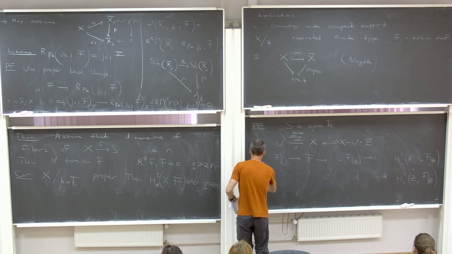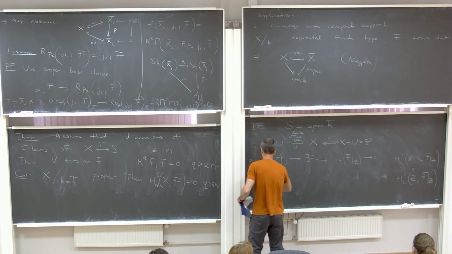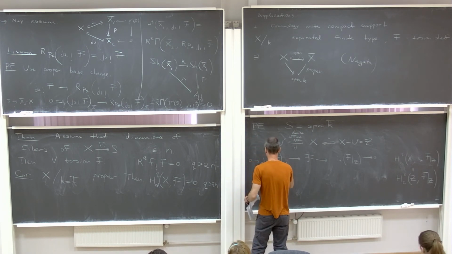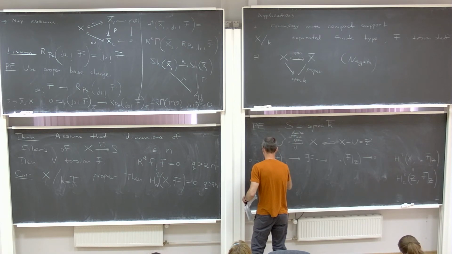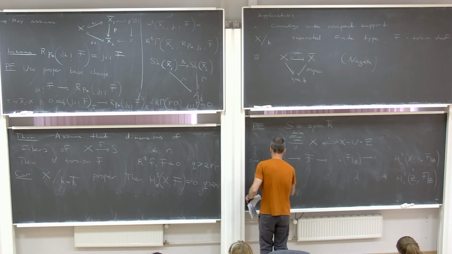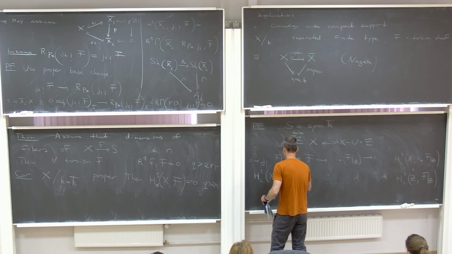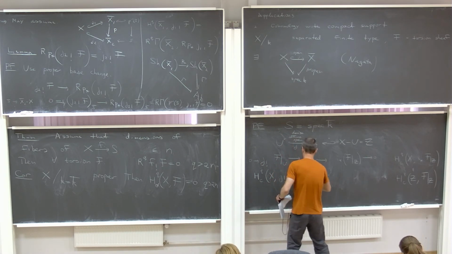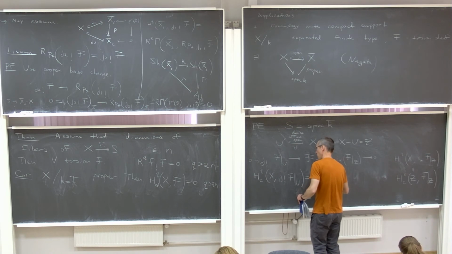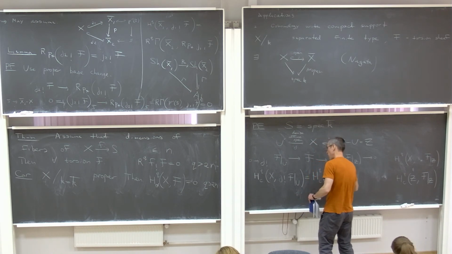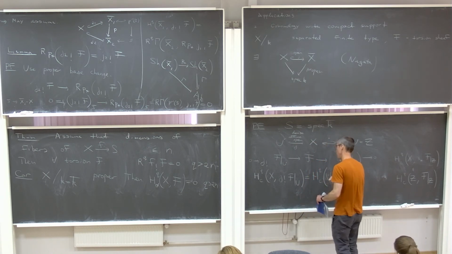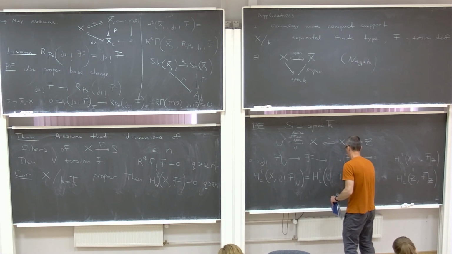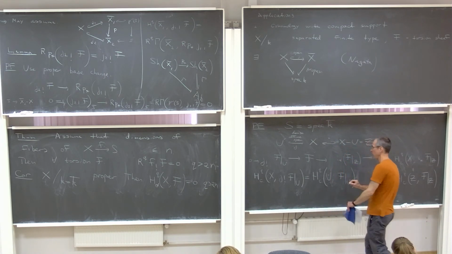So similarly, cohomology with compact support of X with coefficients in here is the same as cohomology with compact support of U, f restricted to U, right?